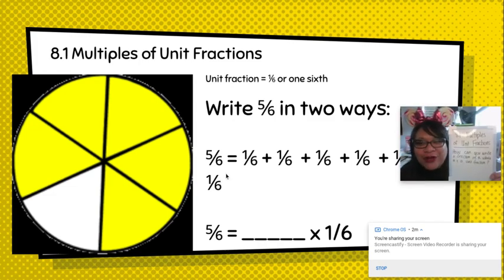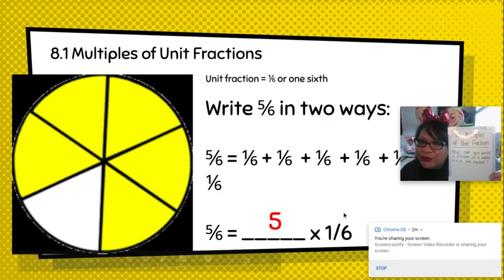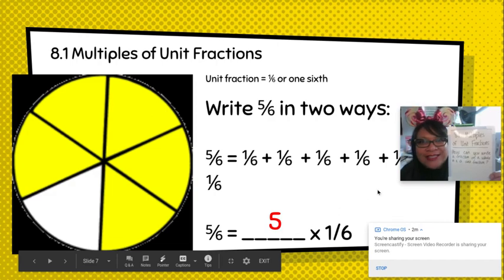How can you write a fraction as a whole number? There's no whole number, but we do have the unit fraction. Now we need to think, what times 1 is going to give us 5? If you said 5, then you're right.